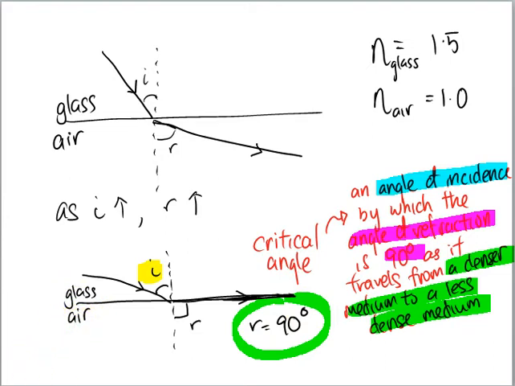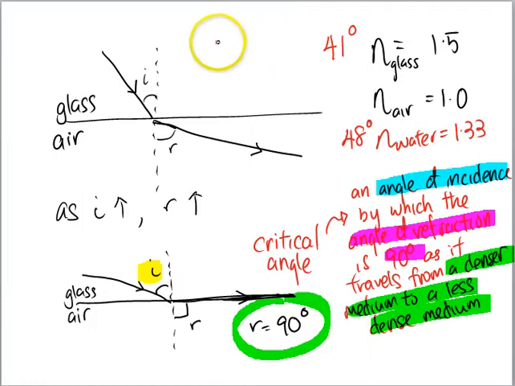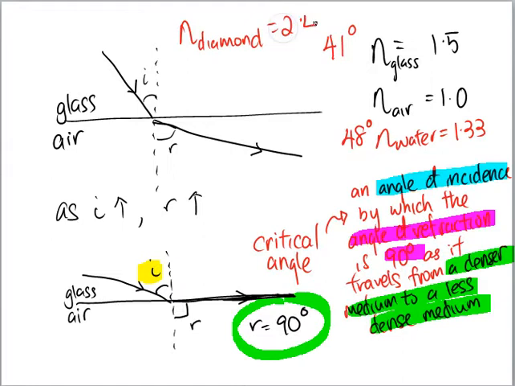Now, for glass, it has a critical angle of about 41 degrees. For water, it has a critical angle of about 48 degrees. The last one, which I wrote on the previous page, is obviously diamond. The refractive index for diamond is 2.4.